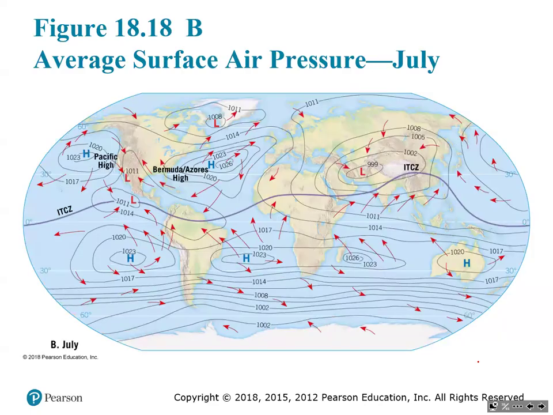But in July, when it's warmer, and you can see the ITCZ has moved on, then the air is flowing in from the ocean and it dumps huge amounts of rain. So in regions that have monsoons, you tend to have a dry season and a rainy season, not so much summer, winter, fall, spring. You have wet and dry.